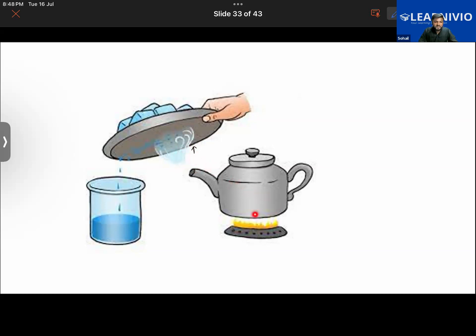As the water in this kettle is being boiled, the water vapor is coming from this side. As this water vapor comes in contact with this plate over which you have placed the ice cube, the plate surface is cool. It's a cool surface, and here hot water vapor is rising.